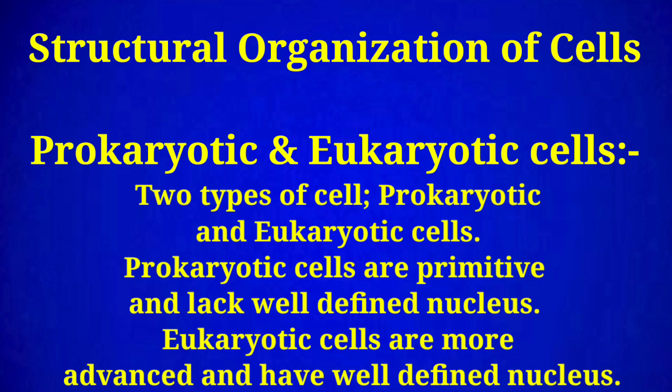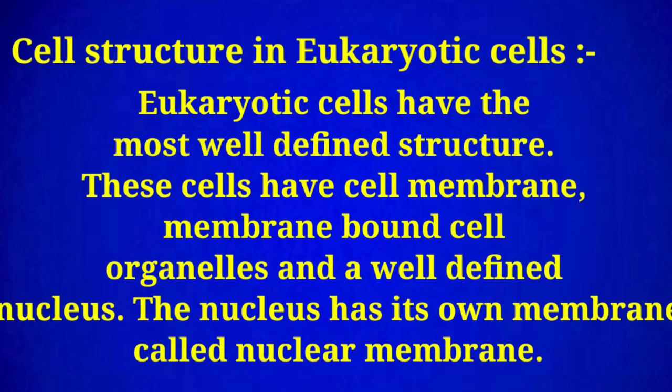Structural organization of cells. Prokaryotic and eukaryotic cells. There are two types of cells, prokaryotic and eukaryotic. Prokaryotic cells are primitive and lack a well-defined nucleus. Eukaryotic cells are more advanced and have a well-defined nucleus. Cell structure in the eukaryotic cell.